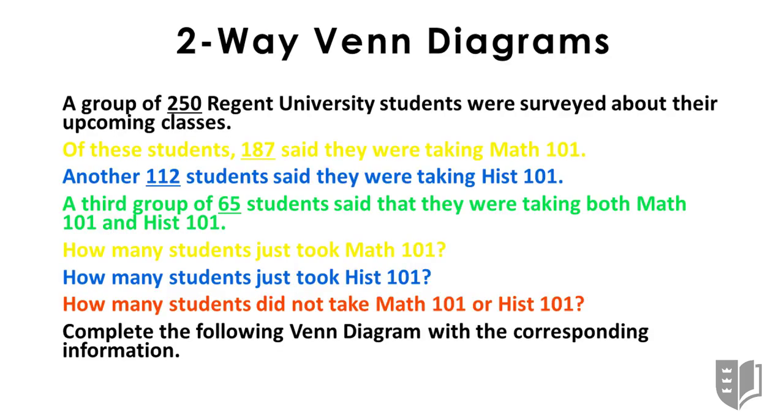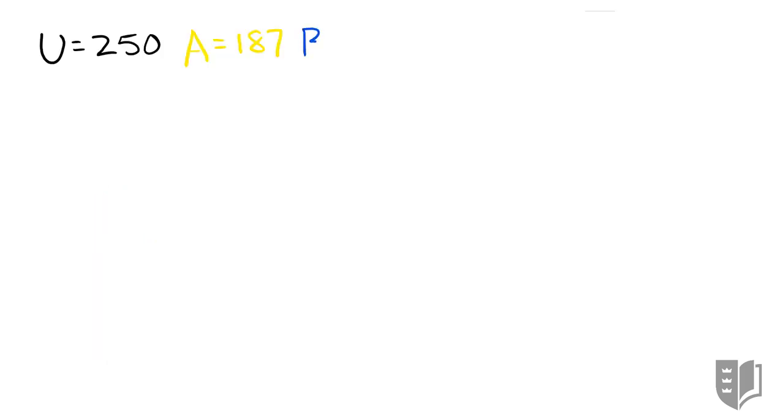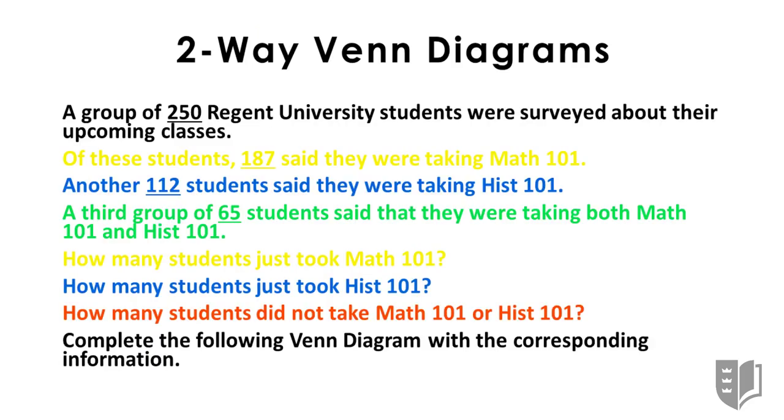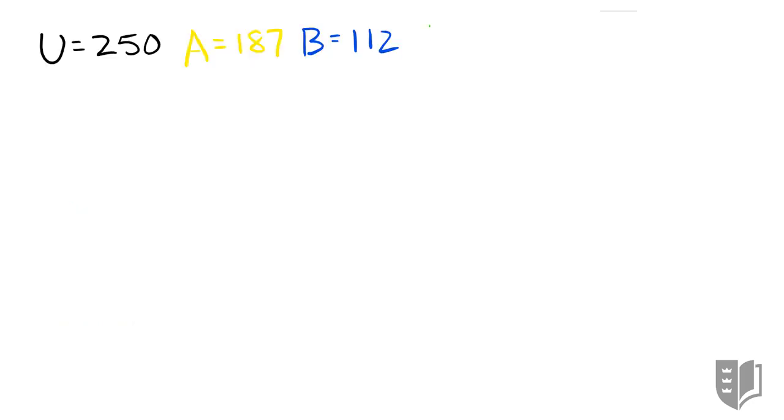Next, we know that there are 112 people in set B. That's all the people that are taking History 101. We also know, finally, that there are 65 people in the intersection of set A and B. In other words, they are in both set A and in set B. And that's what that little n stands for in between the A and B.